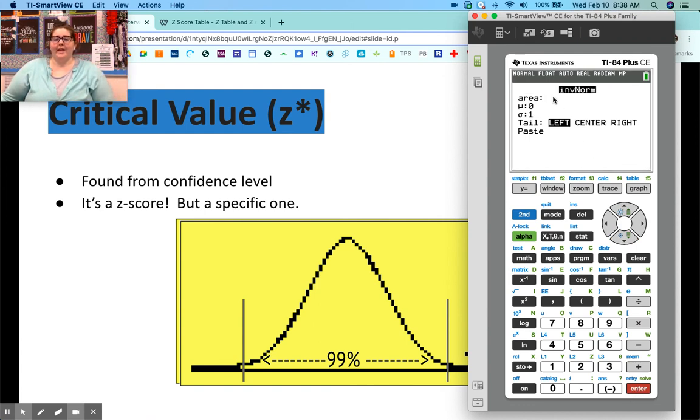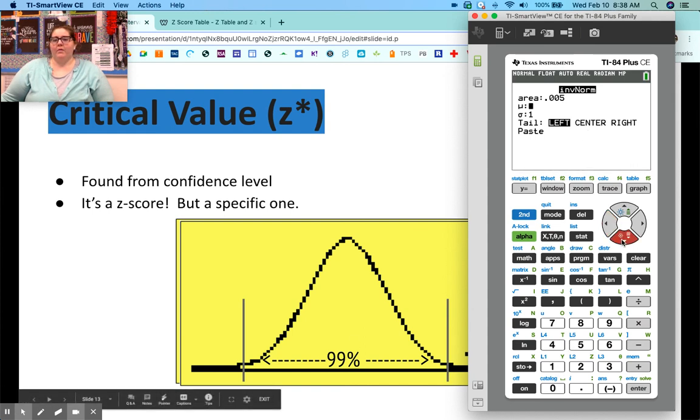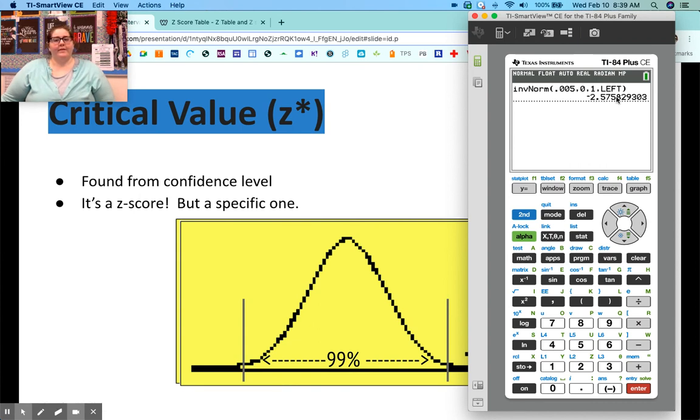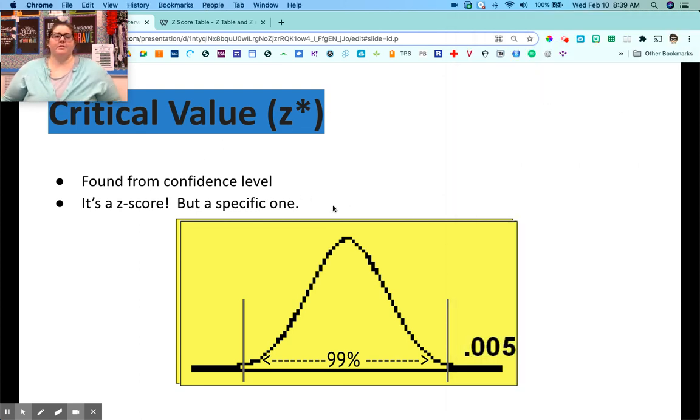Then I put the area as 0.005. If you have the options of left, center, right, just keep it on left for now. We can talk about that another day. Then it'll give me the z-score: negative 2.5758, etc. So 2.576 would be that z-star.